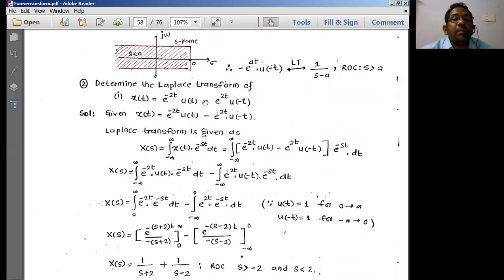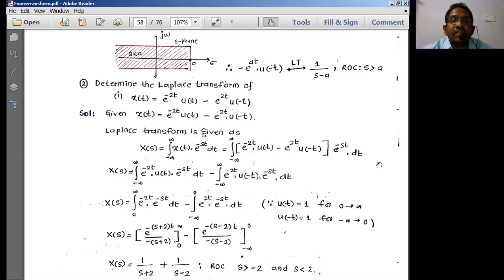Okay, now determine the Laplace transform of this function: e to the power minus 2t into u of t, minus e to the power 2t into u of minus t. Now apply the Laplace transform. The general formula we have is the Laplace transform equal to the integral of x of t into e power minus st dt. Let us apply it to this entire function.